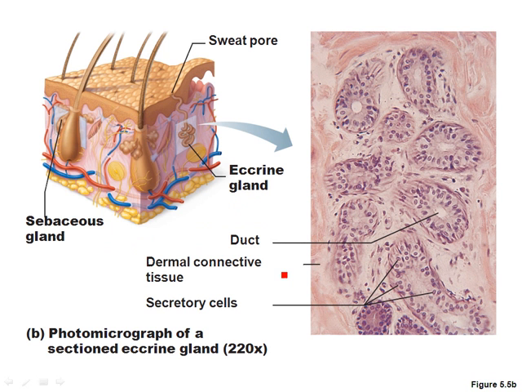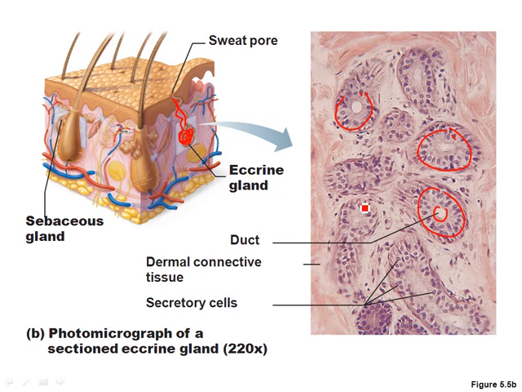So here's our cross section. Here's our skin, and these are your eccrine sweat glands. You have an eccrine sweat gland, it makes the sweat, and it goes to a sweat pore. And this is what it looks like histologically. It looks kind of like the simple cuboidal cells that you saw in our tissues lecture. It looks very similar to those kidney cells that we looked at when we did the histology of simple cuboidal.